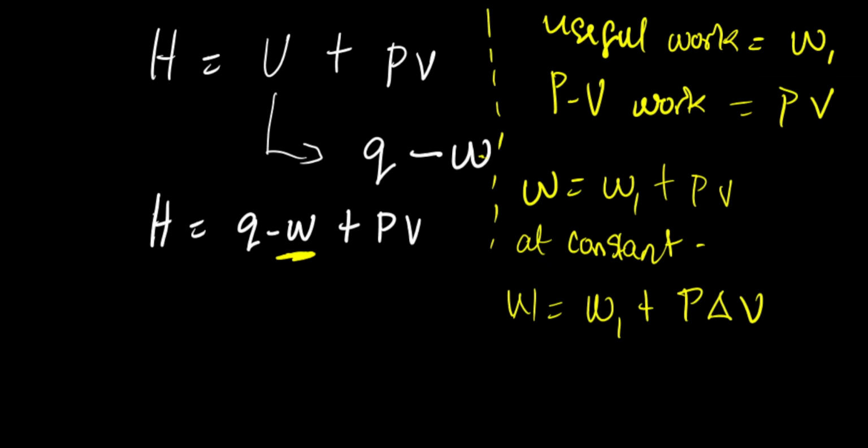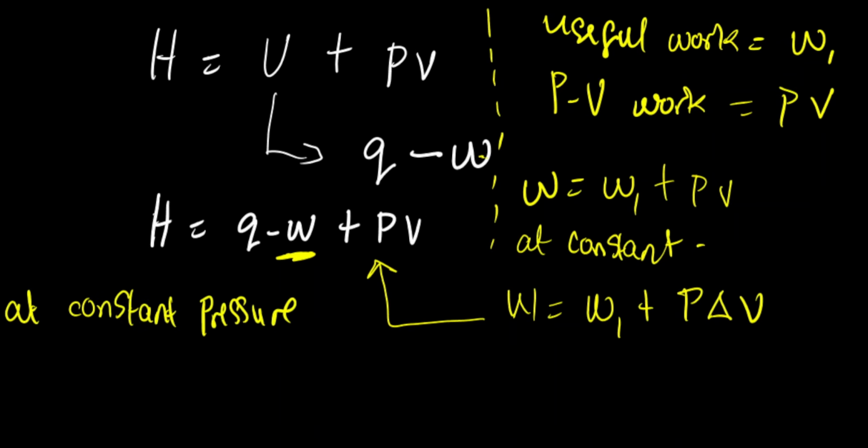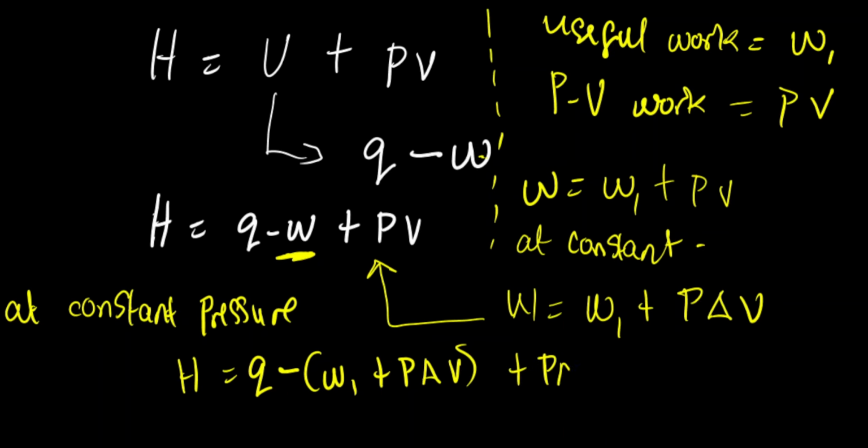Now, bringing this back to what we have here, it means that at constant pressure, the enthalpy, which is H, would be equal to Q, the heat, minus W1 plus P change in V, and then plus P change in V as well, because pressure is constant.